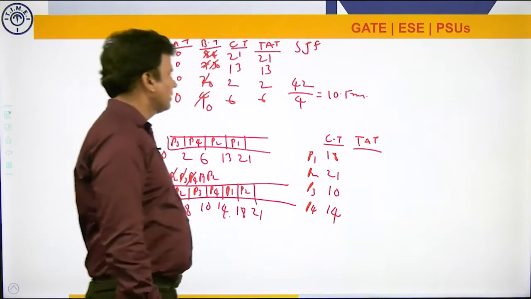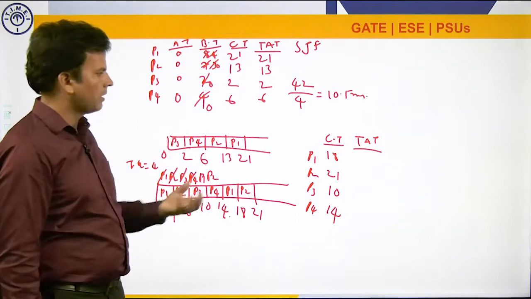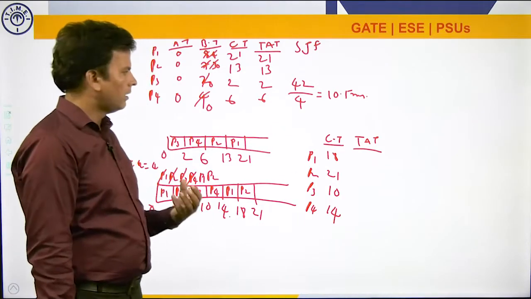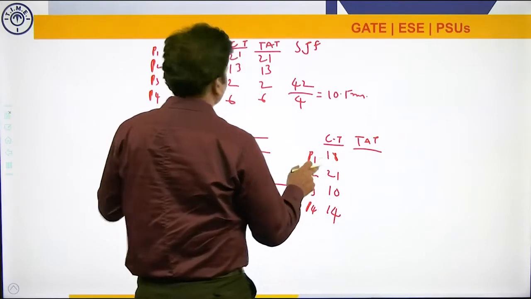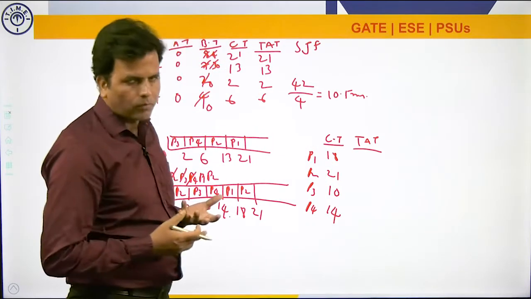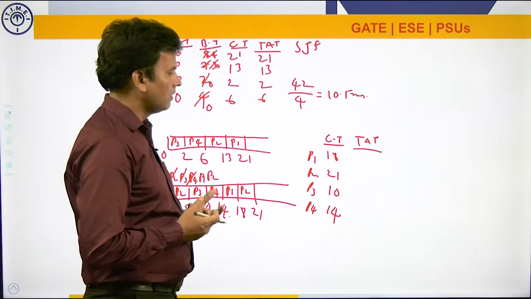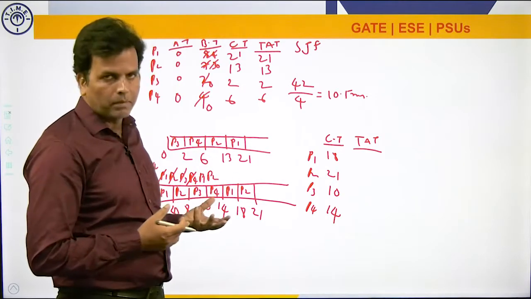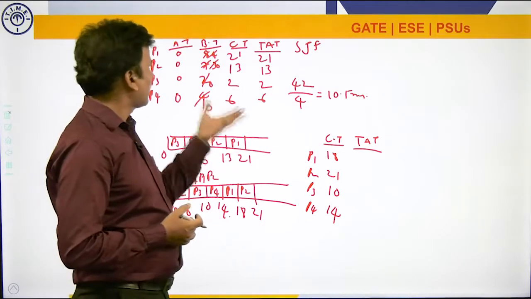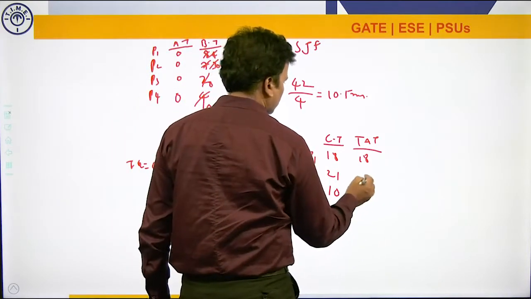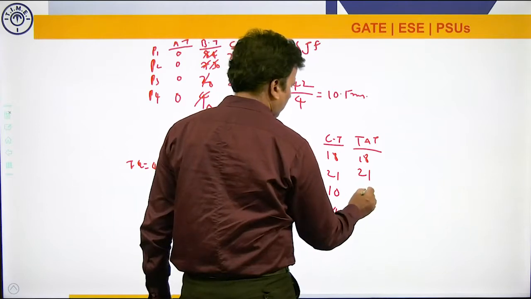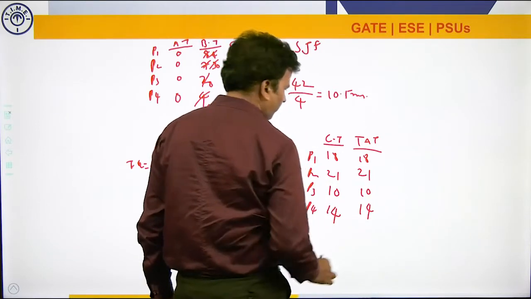Since the arrival time is 0, the completion time itself becomes the turnaround time. The turnaround time formula is completion time minus arrival time, and since arrival time is 0, the completion time is the turnaround time. So this is 18, 21, 10, 14.